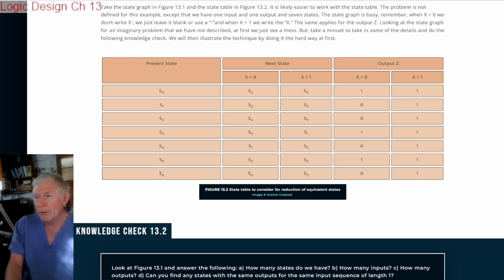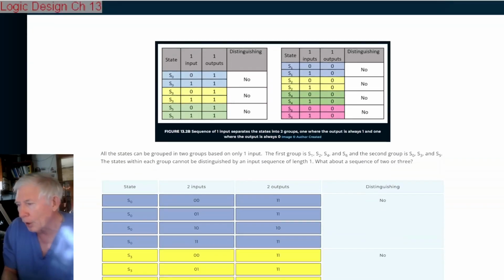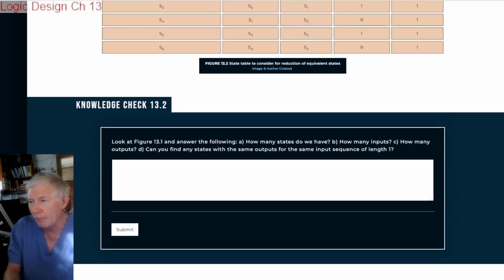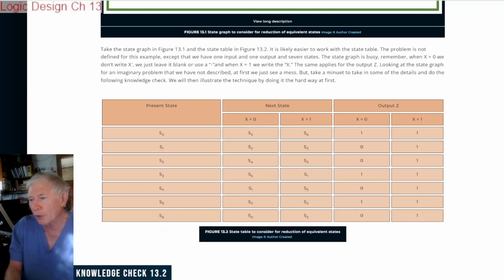So, for instance, from state S0, we go to state S3. From state S1, we go to state S2. We have to look within this group. So let's look at what happens with S0, 3, and 5. 0 goes to 3, 3 goes to 5, and 5 goes to 3.